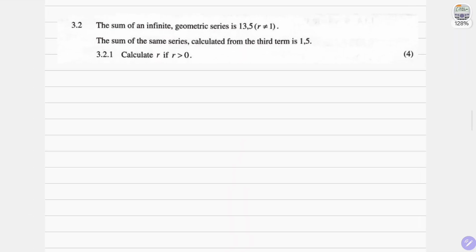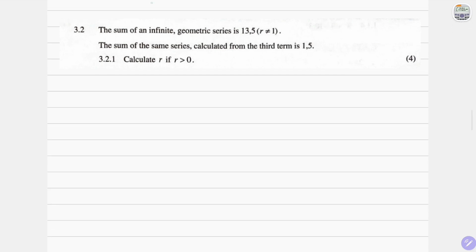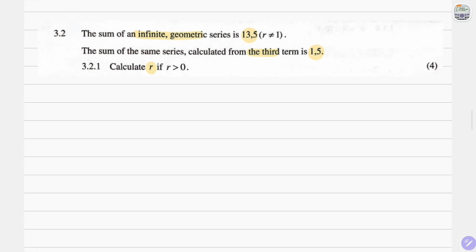Question 3.2 says, the sum of an infinite geometric series is 13.5. The sum to infinity is 13.5. Then they tell us that the sum of the same series calculated from the third term is 1.5. They want us to calculate the value of R if R is greater than 0.